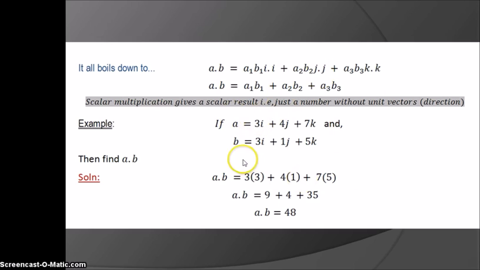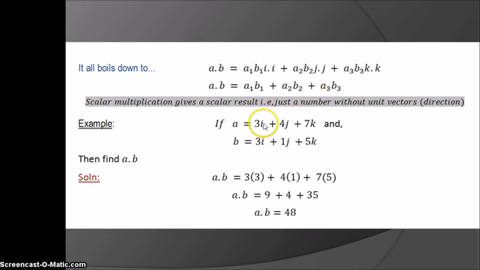For example, if a is equal to 3i plus 4j plus 7k and b is equal to 3i plus 1j plus 5k, then a dot b would equal a1 times b1 plus a2 times b2 plus a3 times b3, which means you should just multiply this and this, this and this, and this and this.